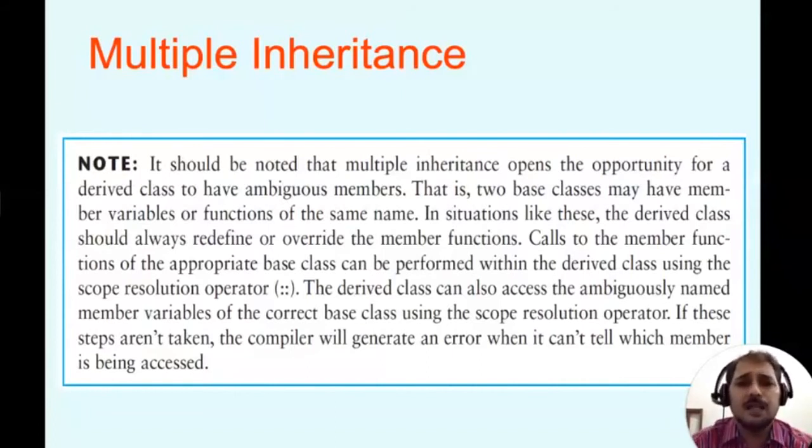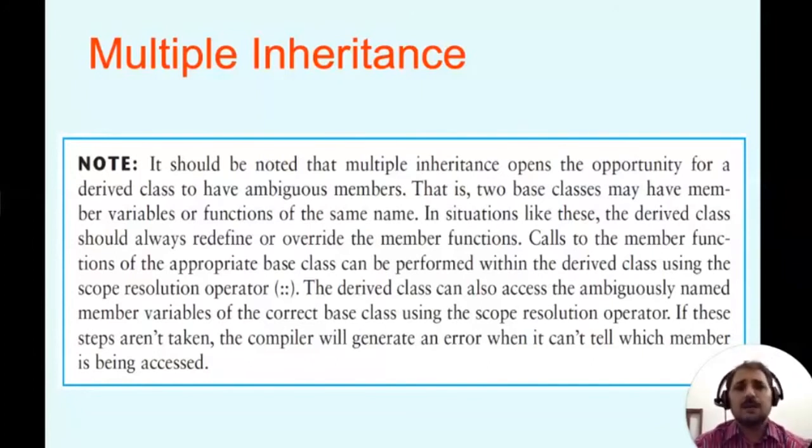That is, two base classes may have member variables or functions of the same name. In this situation, the derived class should always redefine or override the member functions. Overriding can be done in the case of virtual functions.